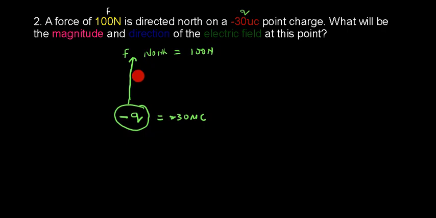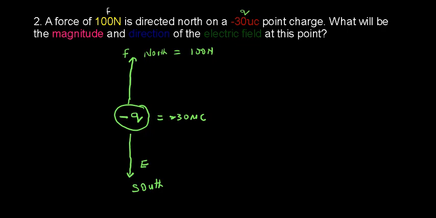So where will the electric field have its direction? The direction of the electric field is going to be in the opposite direction. So it's going to be south.